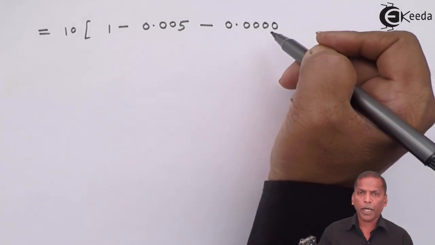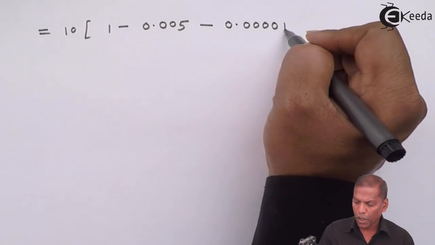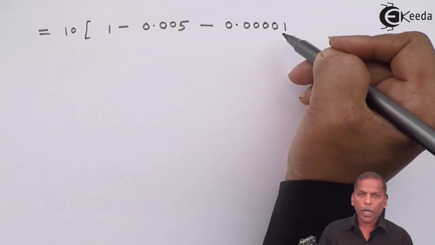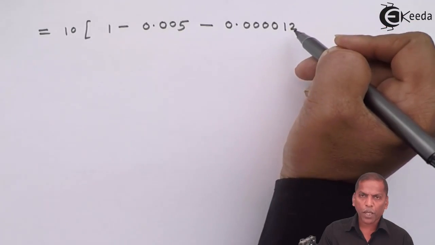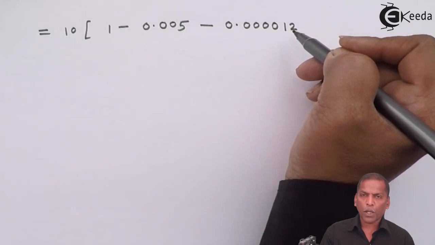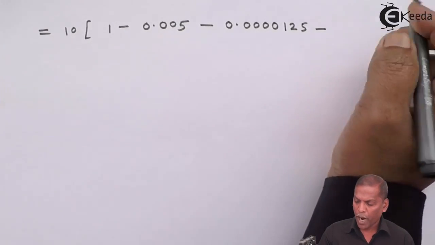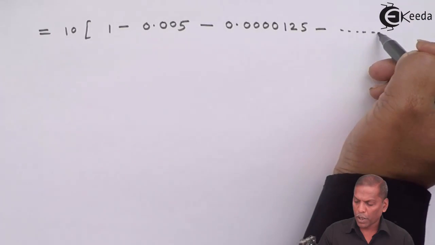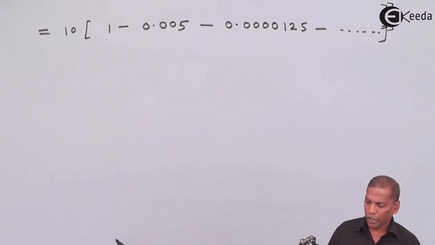Now here we have 10 divided by 8, so that gives us 8 ones are 8. Remaining 2, again we carry 0, so 8 twos are 16. Now here we are left with 4, carry 0, so 40. So 8 fives are 40, and then minus, it is again going on, and finally square bracket is completed.